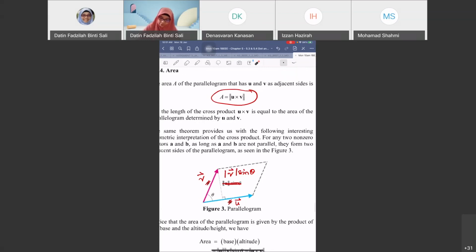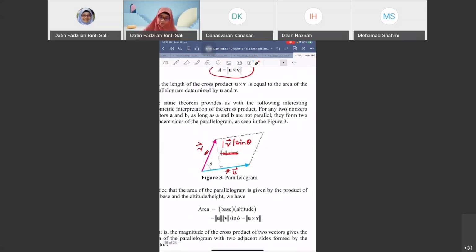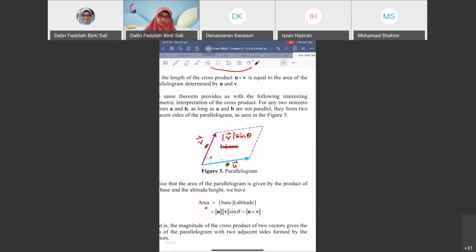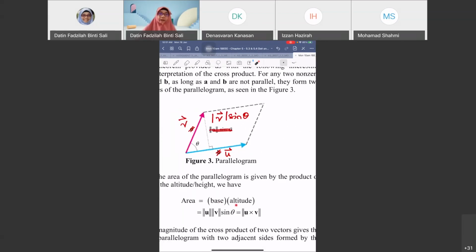Based on this, if we want to find the area formula, area is always base times height, or altitude. This is the area of a parallelogram: base times height.